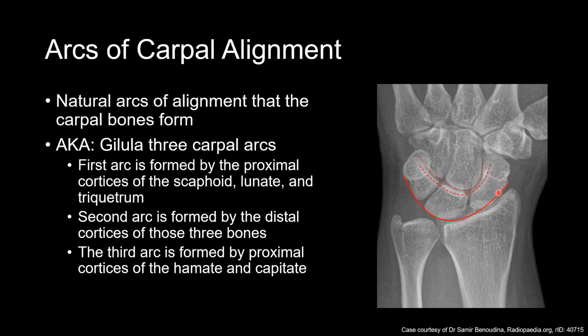So you have the scaphoid, lunate, and triquetrum proximal cortices creating the first arc. The second arc is created by the distal cortex of those same three bones, and then the third arc is the proximal cortex of the capitate and hamate here. And it is to help us just make sure that the carpals are in their correct alignment.